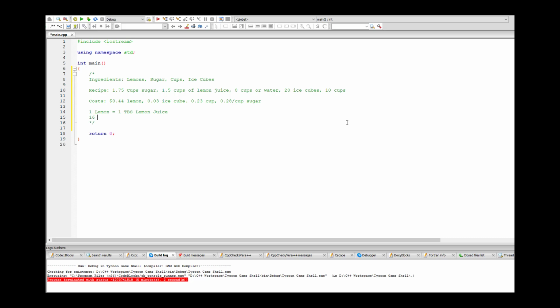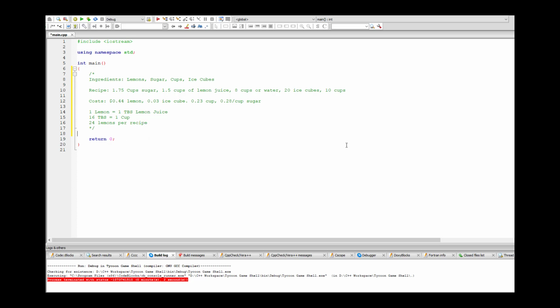Well, there are 16 tablespoons in 1 cup. That means we need 16 lemons for 1 cup, or 24 lemons per recipe.